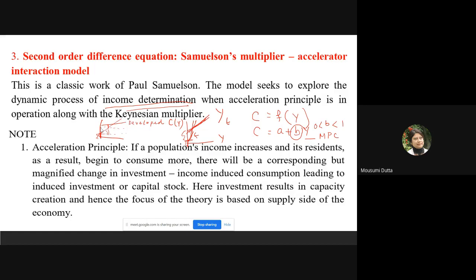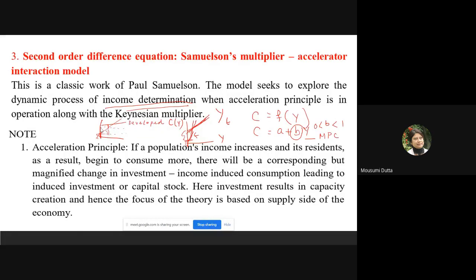I hope everybody got the idea from the media or different articles that somehow we have to increase the demand. Yes, ma'am. We need to increase our consumption expenditure. Somehow you have to improve the demand.